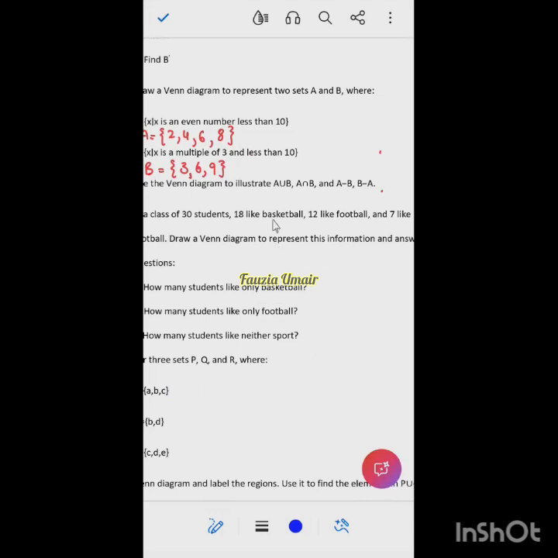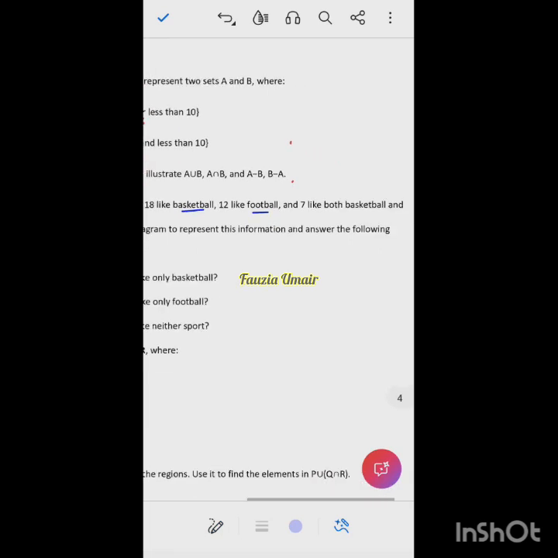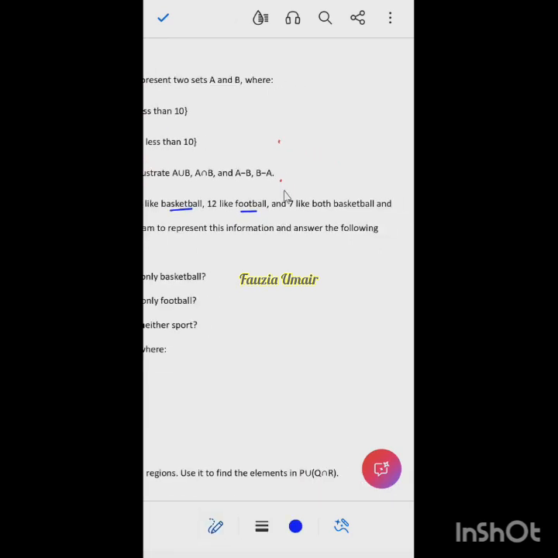First of all, how many sets are there? There are some students liking basketball and some like football. So how many circles do we need to draw? Two circles, right? One for the students who like basketball and the other circle for the students who like football. Because some students like both, the two sets are overlapping.